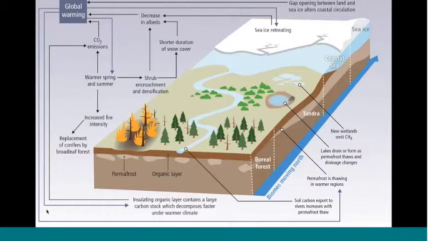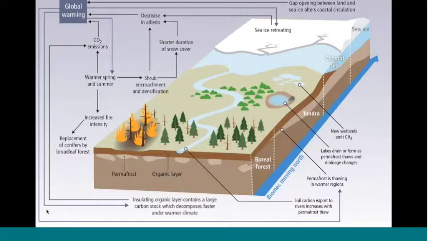So the graphic shows at the southern end the boreal trees and changes in productivity, tree mortality, fire disturbance, and how that fire disturbance influences the active layer and permafrost as the organic soil is burned off.